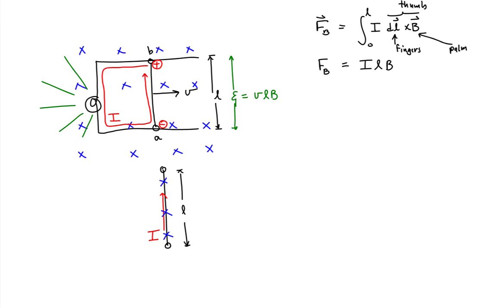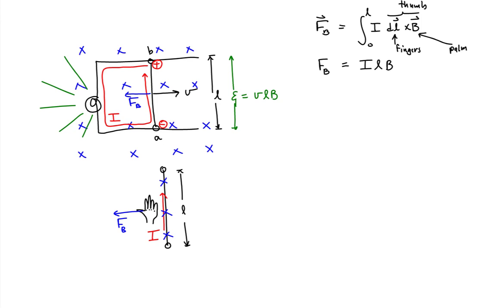When we use the right-hand rule, sticking our fingers in the direction of the current and facing our palm in the direction of the magnetic field, we are looking down on top of our hand. Notice that the direction of the magnetic force is straight to the left. This is the direction that our thumb is pointing. So the magnetic force acting on this wire is actually to the left.